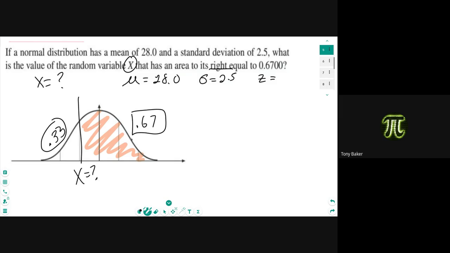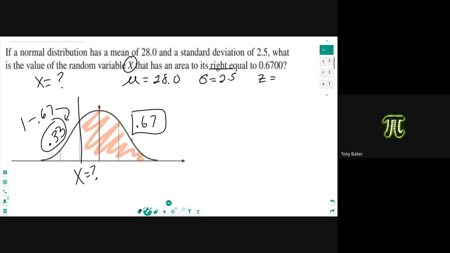Remember, the table's always telling me from the left. So I can't look in the table for 0.67 because that's not on the left. I need what's on the left side. So if 0.67 is on the left side, 0.33 has to be on the right side because that has to add to 1. So I did 1 minus the 0.67 to get the 0.33. Okay?